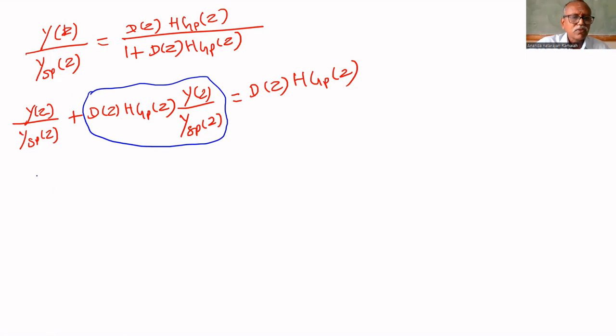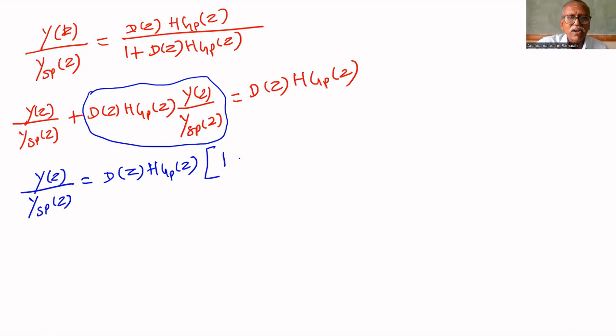You will get Y of Z upon Y set point of Z equals D of Z in both cases. That's why D of Z. Then this becomes negative on this side. HGP of Z also you can take outside.